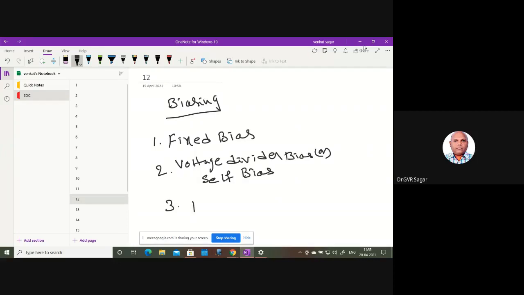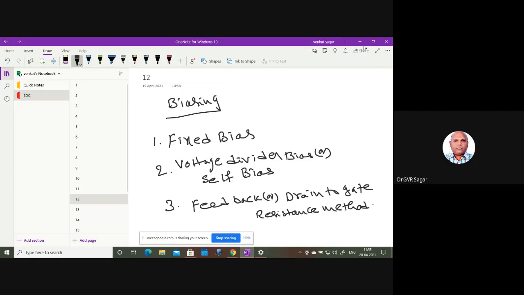It is called feedback: drain to source, drain to gate, gate resistance. These are the three biases. So the biasing is the same here as what we studied in BJT.